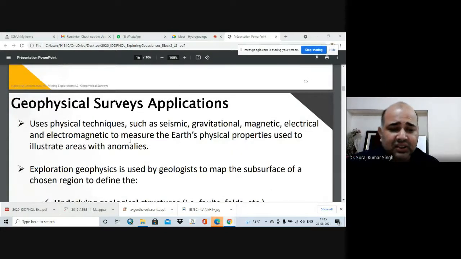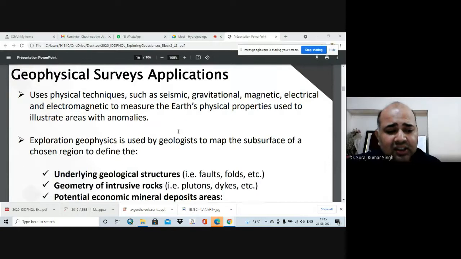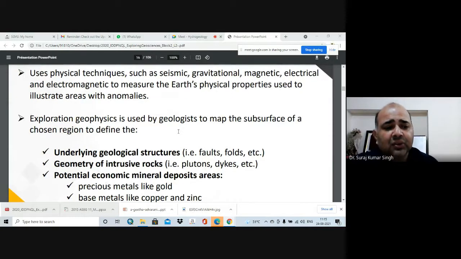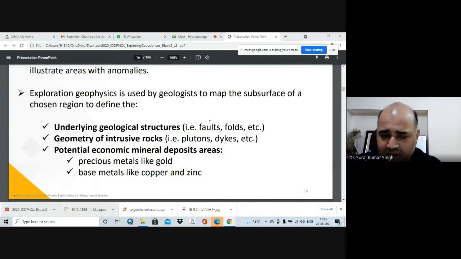Using the physical properties such as seismic, gravitational, magnetic, electrical, and electromagnetic properties, you identify the anomalies, whether related to chemical or biological properties, all has to be identified. When you are going for exploration, geologists have to map the subsurface features on the earth. For that you have to identify the underlying geological structures that are indicative of some resources.